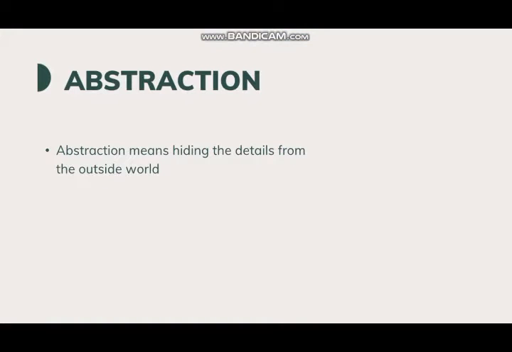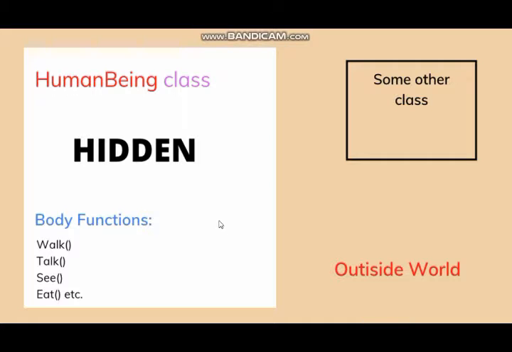Next is abstraction. Abstraction means hiding the details from the outside world. For example, the properties or the body parts in the human being class are hidden, while the body functions are not. So, the other class from the outside world can access the functions of the human being class.